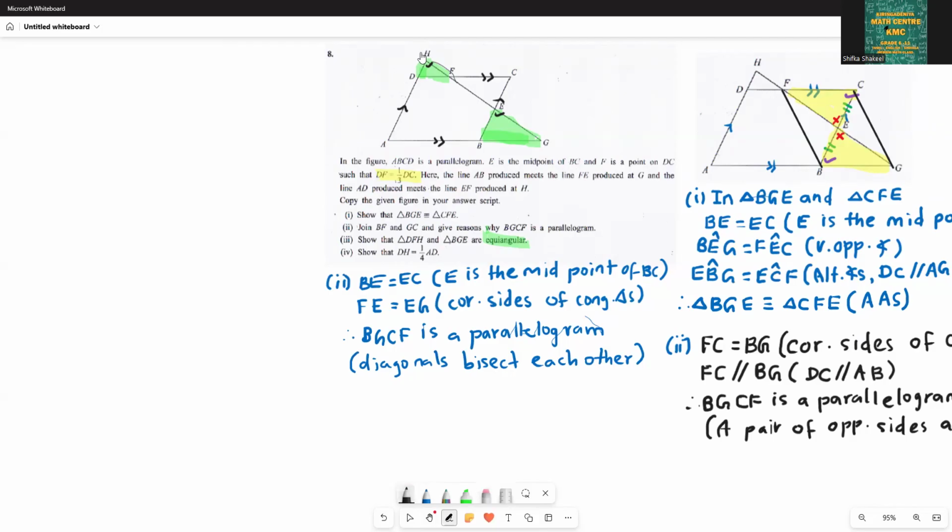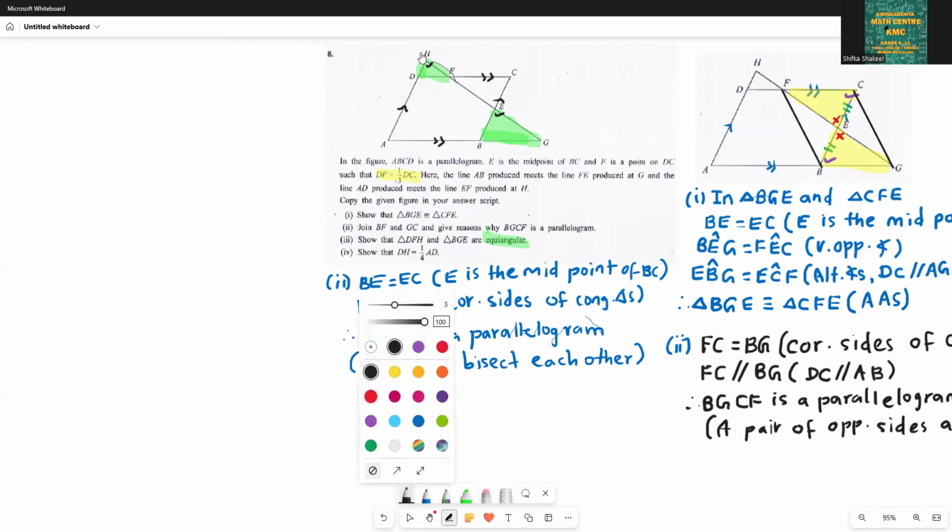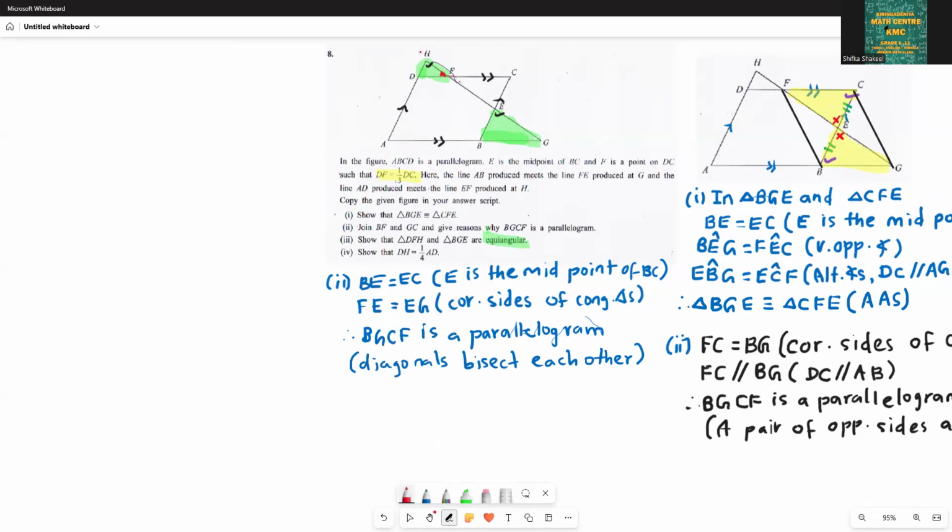And we will mark another type of angles here, using another color. Another angle, DFH angle, this angle. What is the angle? DFH and BGE angle. DFH and BGE angles are also corresponding angles.